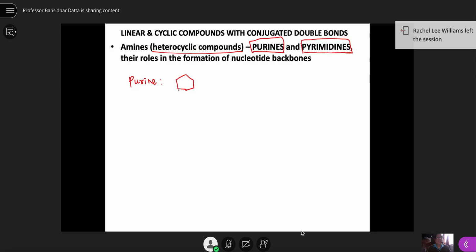It's a 6-membered ring. You have a nitrogen here and a nitrogen there. Let's say it has a double bond like this, double bond, single bond, double bond. I'm sorry, I'm rewriting it again.